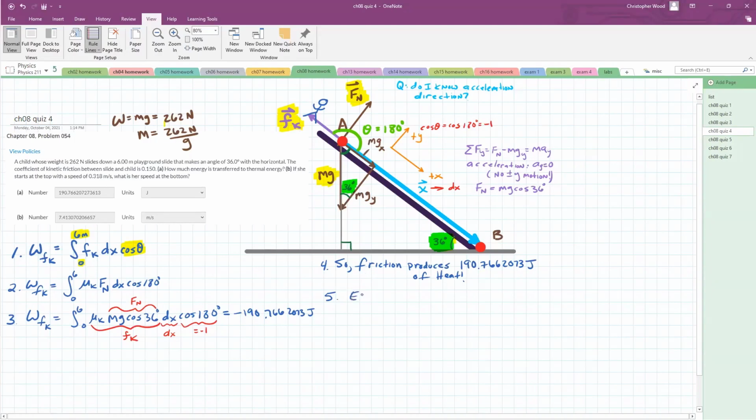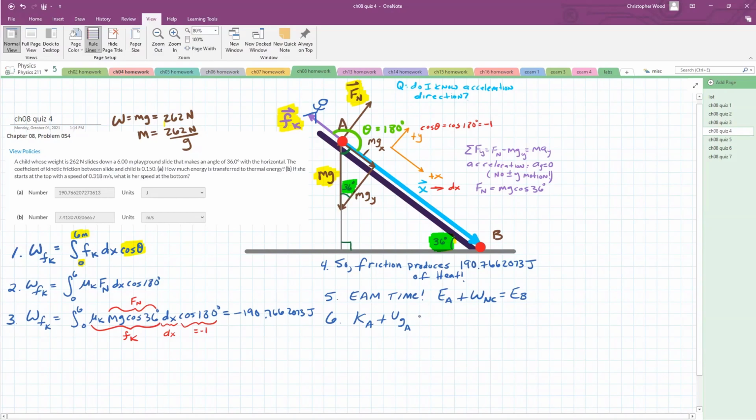So EAM time. Whatever energy I have at A plus the non-conservative work, which is not going to be equal to 0, is my energy at B. So my dollar sign is living in here somewhere: the speed at the bottom. All right, number 6. At A, I could have some kinetic energy and some gravitational potential energy. I'm not going to include springs because there are no springs here, so I'm not going to clutter the desktop.